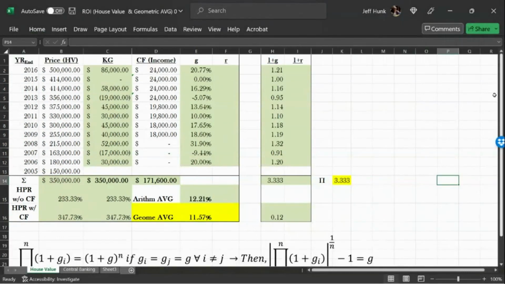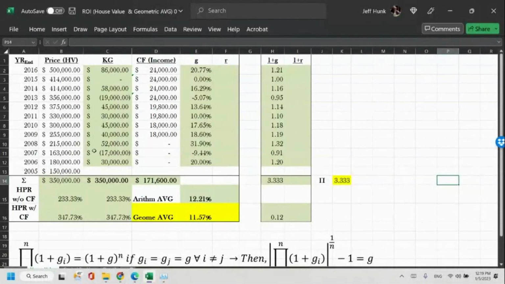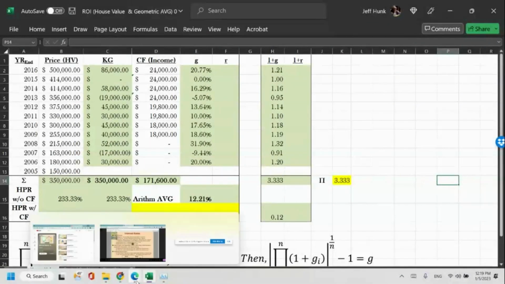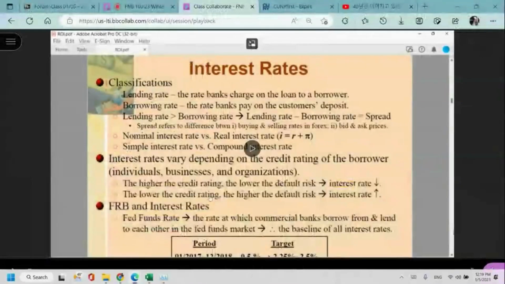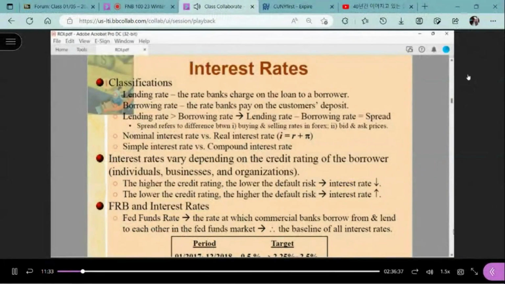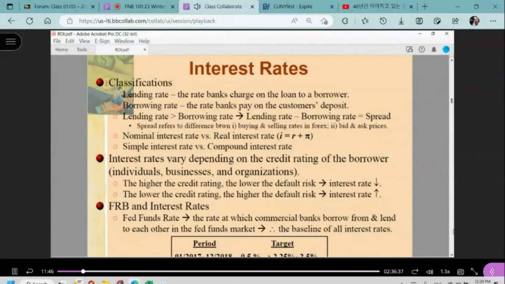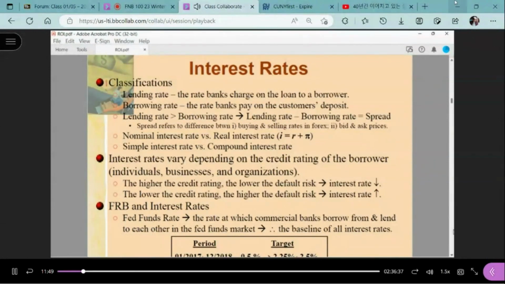Okay, so let's continue. We need to annualize it, right? When we are dealing with return on investment, investment by definition assumes taking risk, because there is no investment without any risk. You buy stocks, you're taking a risk.